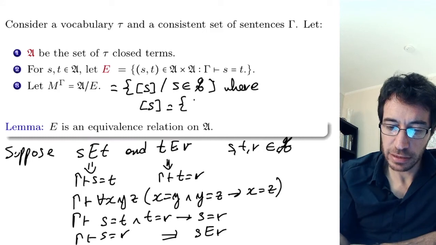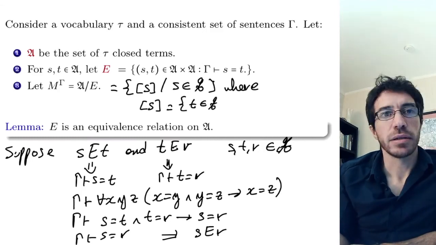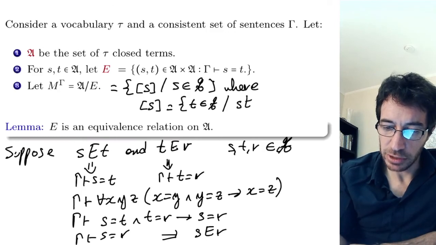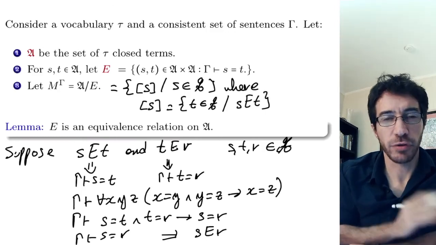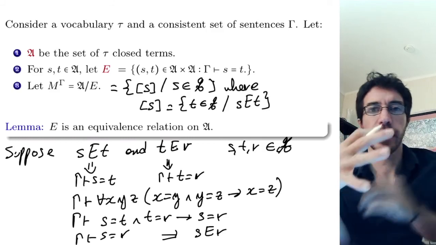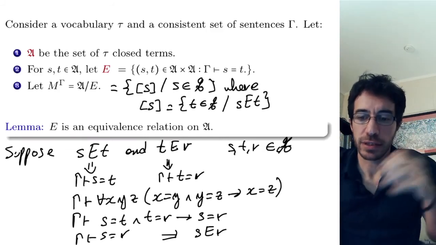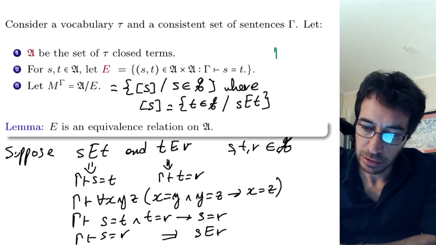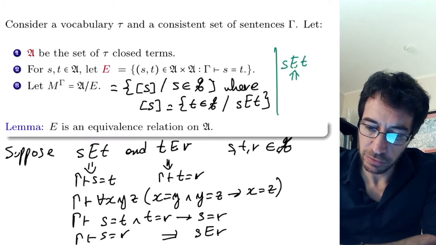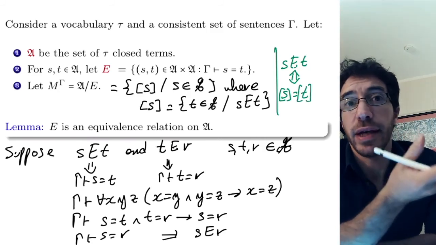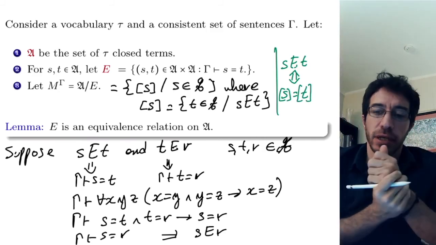It is the set of all the T's that also belong to this set of closed terms, such that S is related to T. If you remember, the equivalence class means the set of all the things that are equivalent to S. So the equivalence class has the property that S is related to T if and only if the equivalence class of S equals the equivalence class of T, because they have the same things that are related to them.